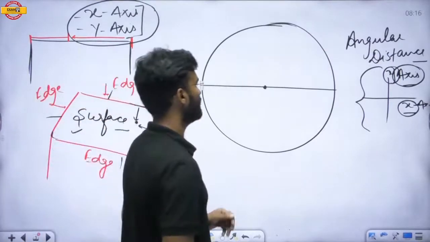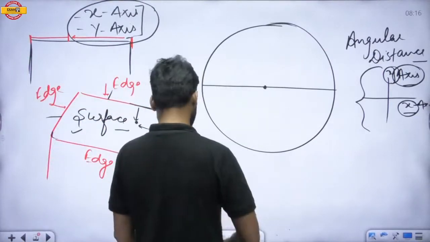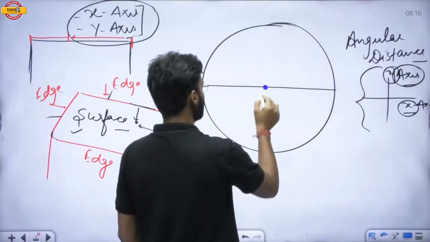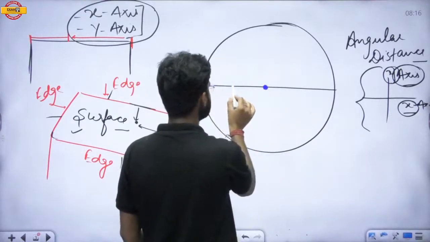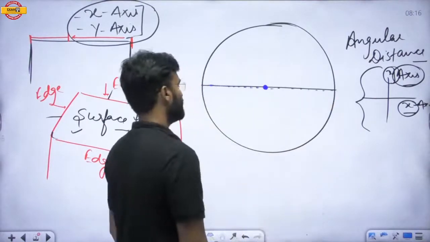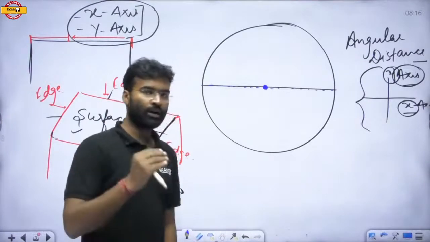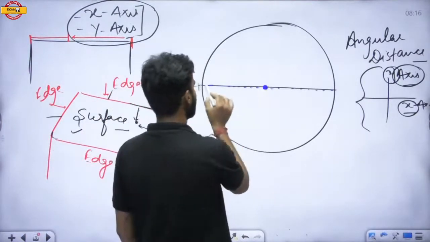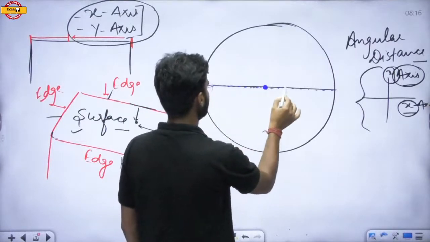So firstly, the people of that time drew a single imaginary line on the surface, a horizontal line which passes through the center of the earth.